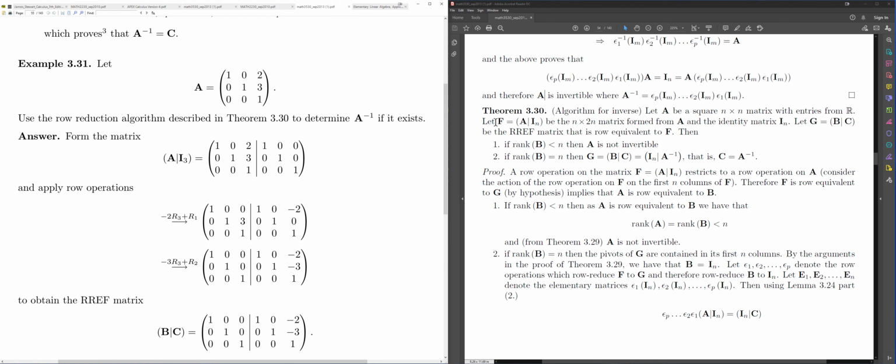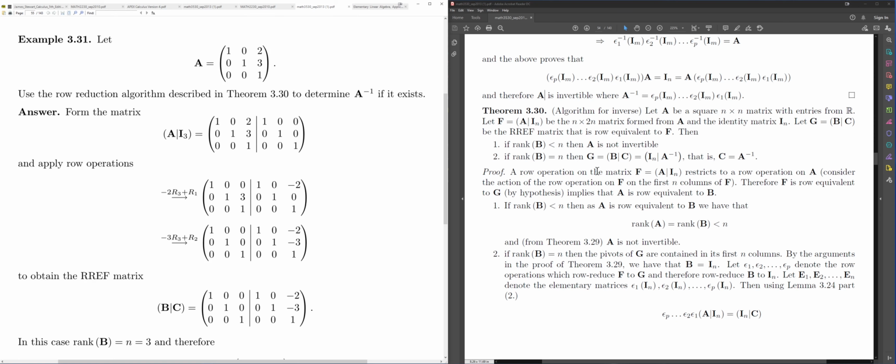Okay, so one more time. This is my original matrix, A with the identity matrix. You apply Gauss-Jordan until you get something over here. If what you have over here is the identity matrix, then your required inverse is what's on the right-hand side.